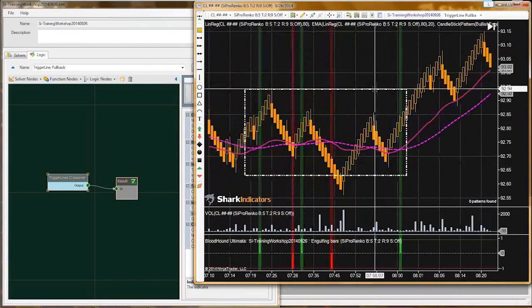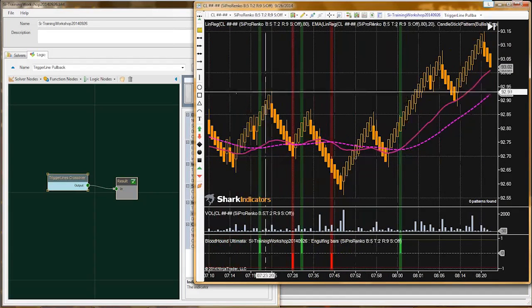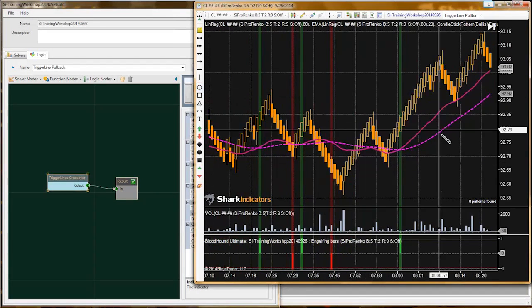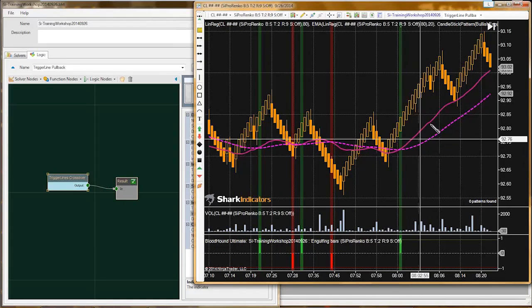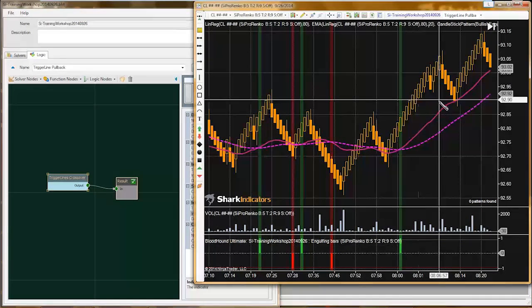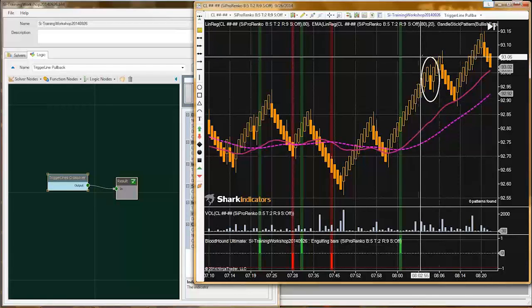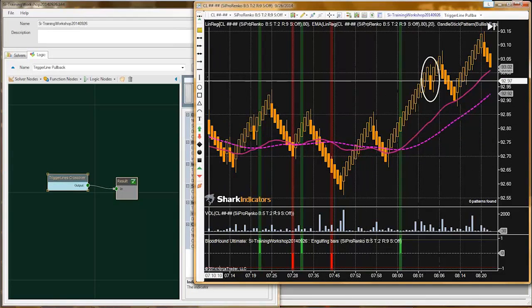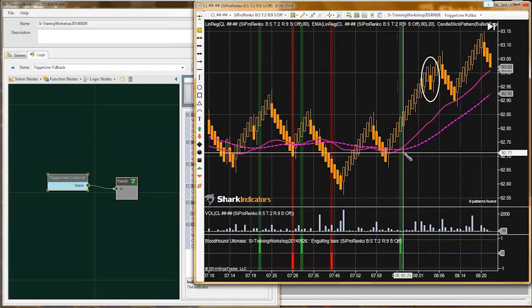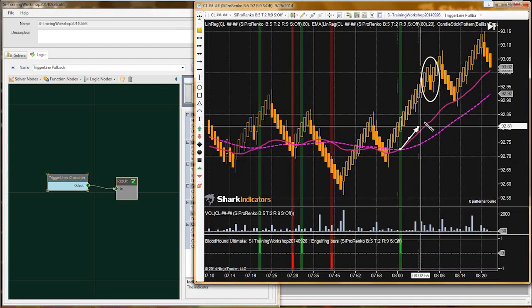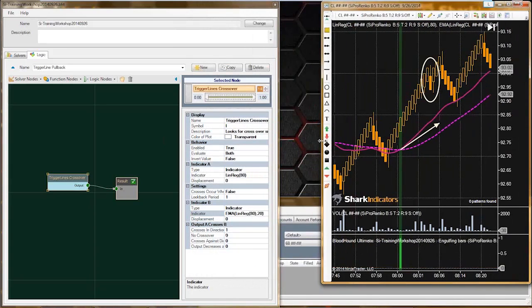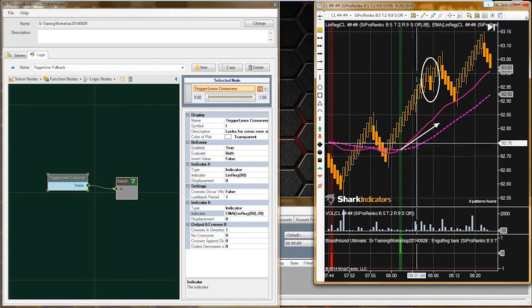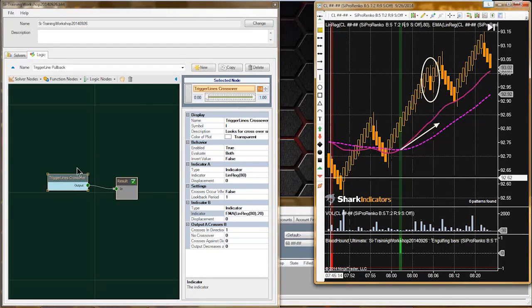And all right, let's take a look at this long crossover up, right? So here's kind of our first pullback, and from here we're essentially in a long state, based on the trigger lines crossing each other.